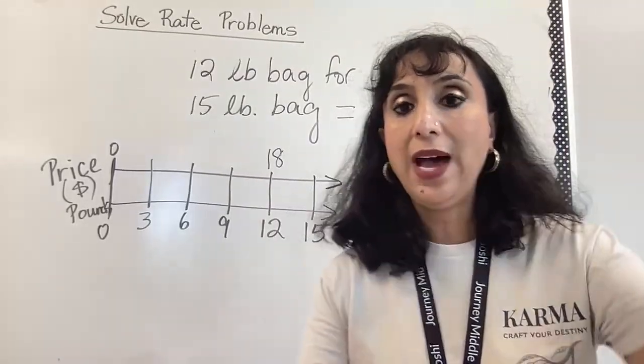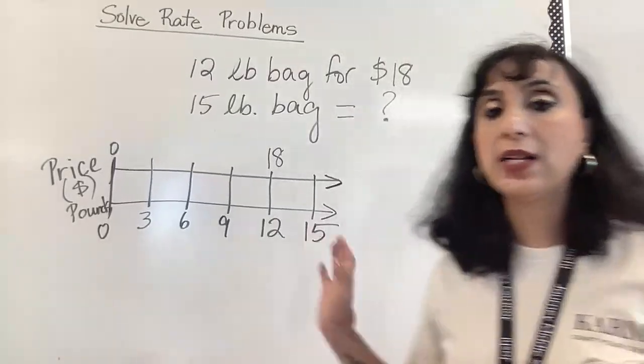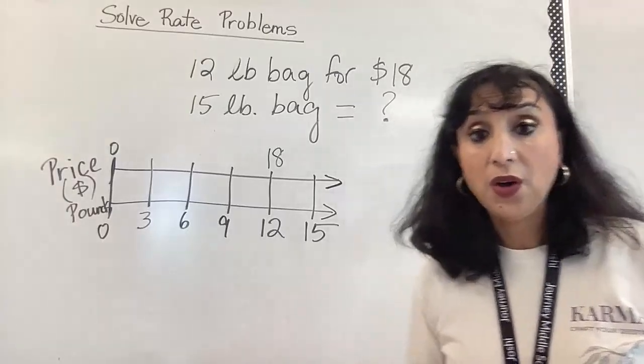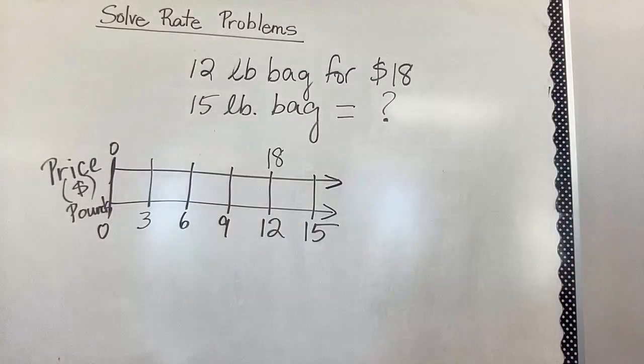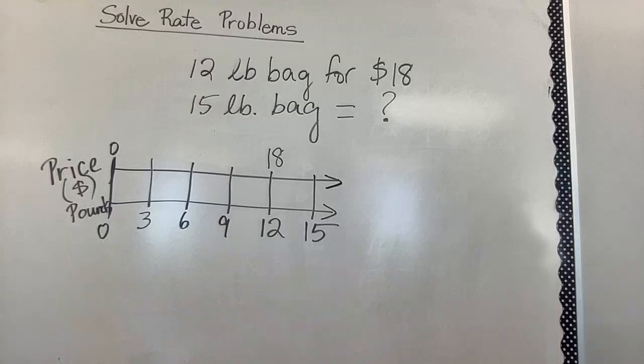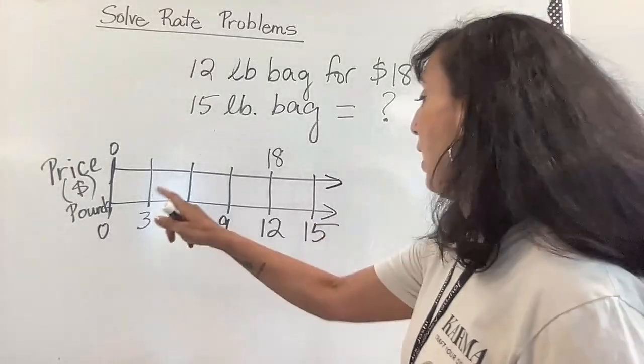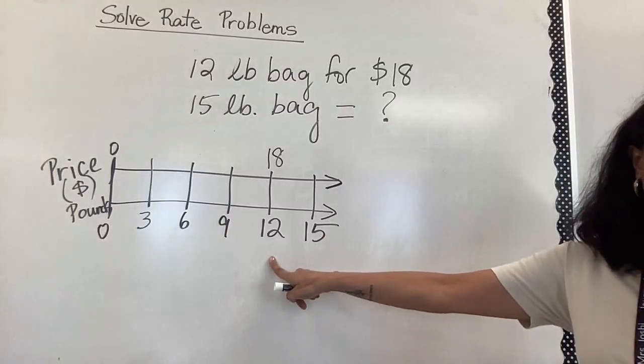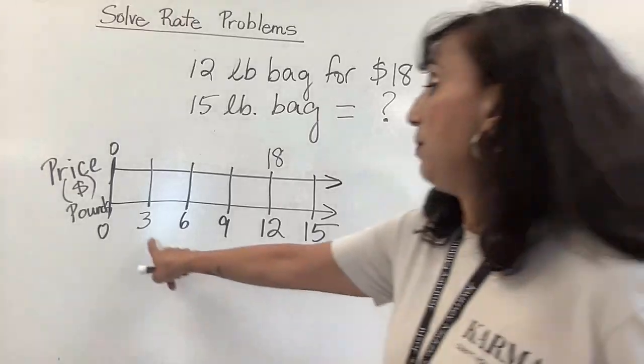All right, so now I have marked this and I'm going to use scaling to find an equivalent ratio. If I look at this, I know that I have 12 for 18, and so I'm going to scale back to find the price for a 3-pound bag. 12 divided by 4 is going to give me 3.